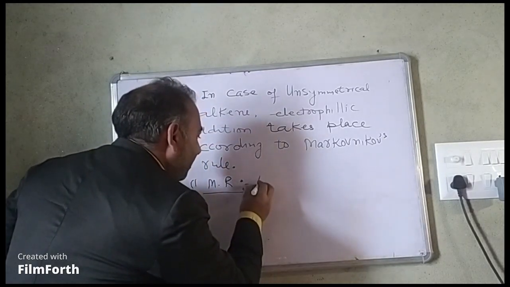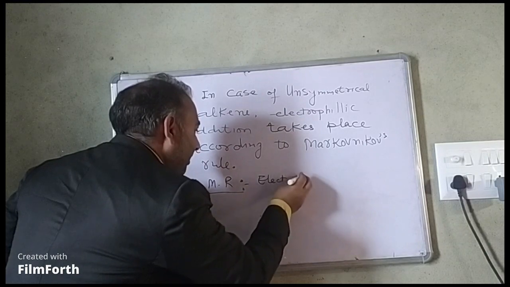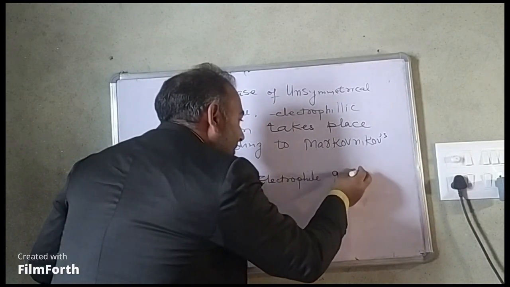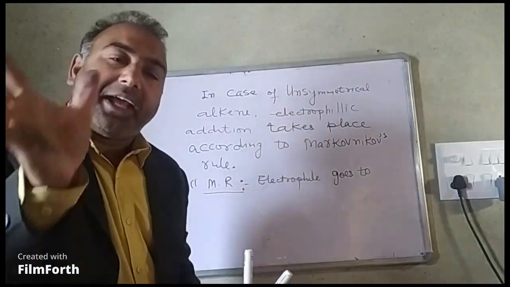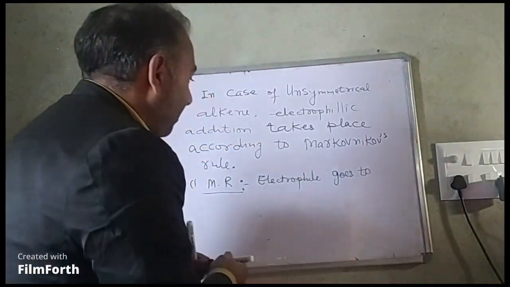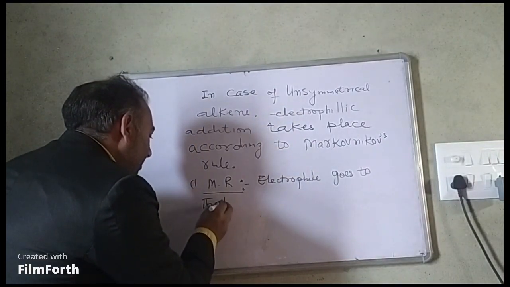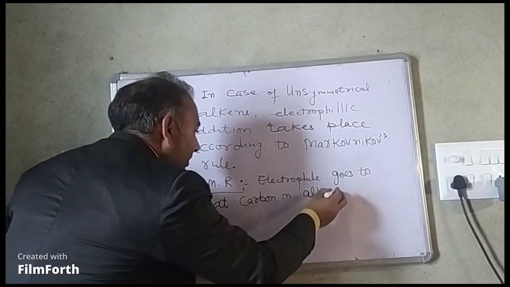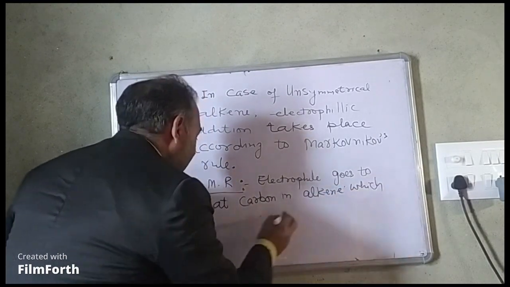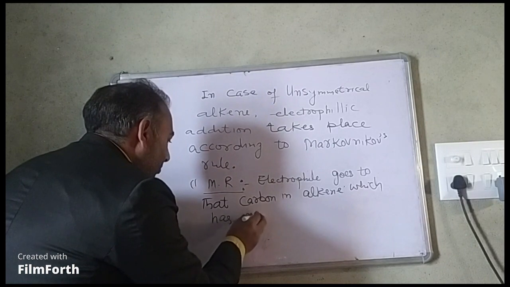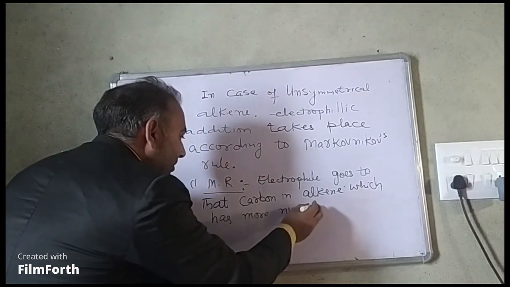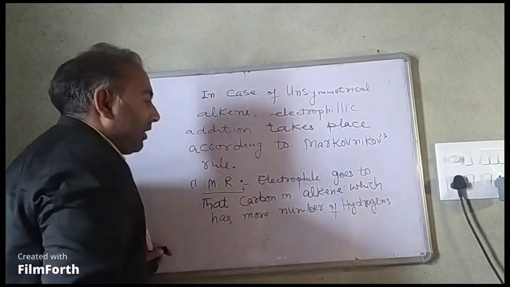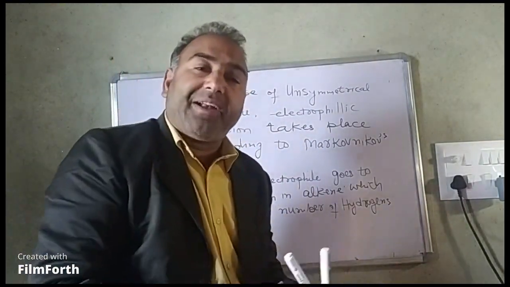It states that the electrophile goes to that carbon in the alkene which has more number of hydrogen atoms, that carbon which already has more hydrogen atoms.